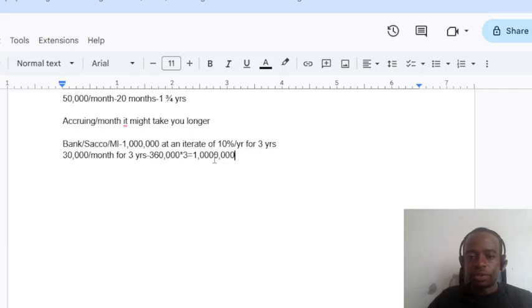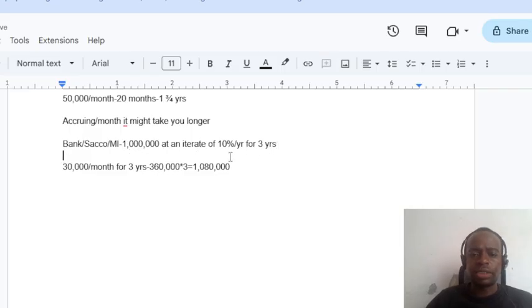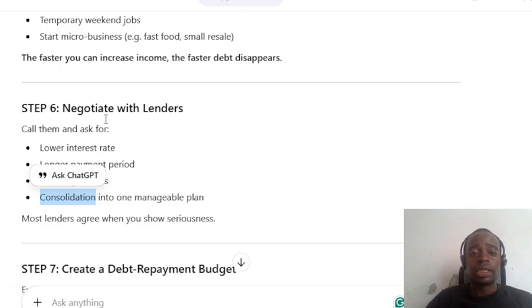Which makes a lot of sense. All right, so 1,080,000. So in this case, the 80,000 will be the interest that the bank will accrue over that period of time. And this actually makes sense because you'll be able to pay the other loans. That is step number 6.